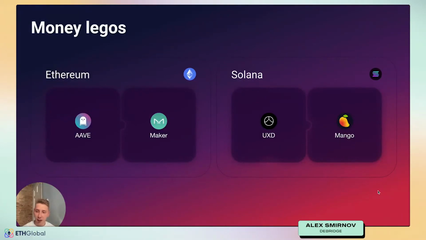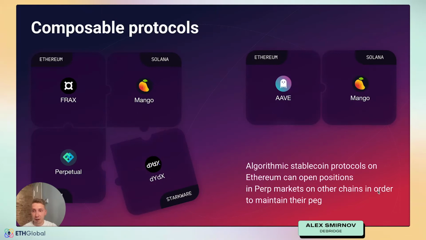But we have not seen many examples of cross-chain solutions or cross-chain protocols that combine different DeFi primitives across different blockchains. And let's say one of the ideas would be to create a stablecoin protocol like Frax, which can open up delta neutral positions in perpetual markets in different chains simultaneously.